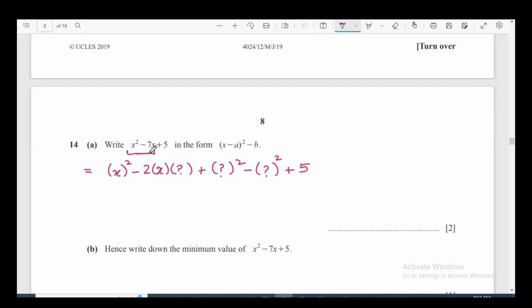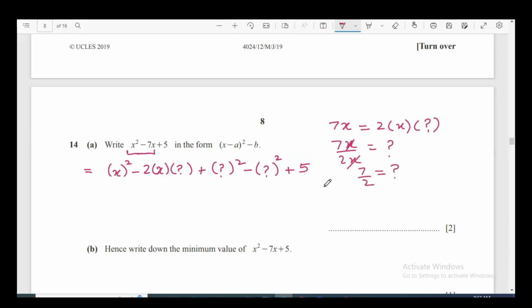So to find b, compare the second term, which is 7x, with the second term 2x question mark. Going to compare or equate 7x equals twice of x times question mark, which is 7x over 2x. x cancels. It will be 7 over 2.